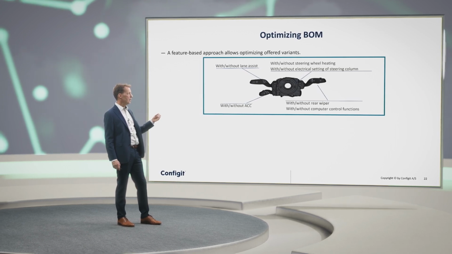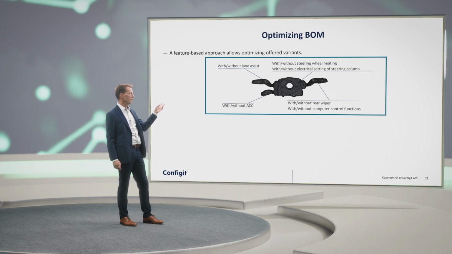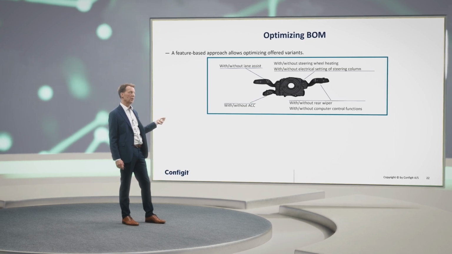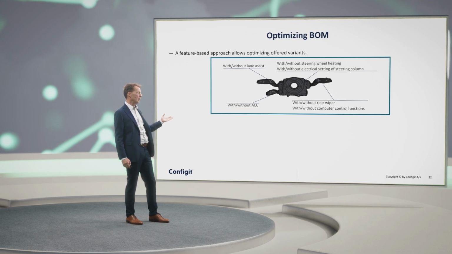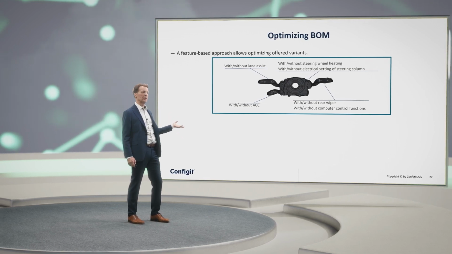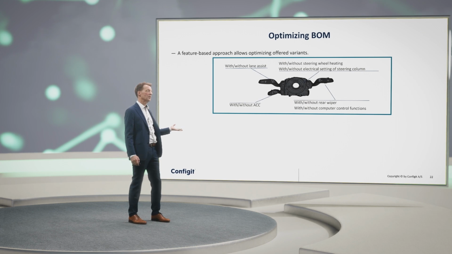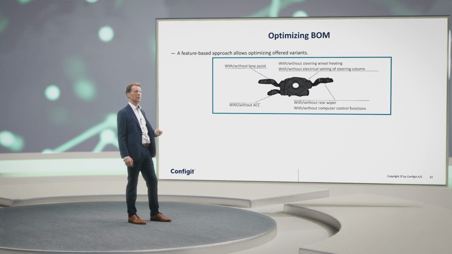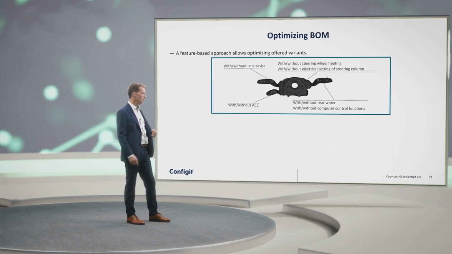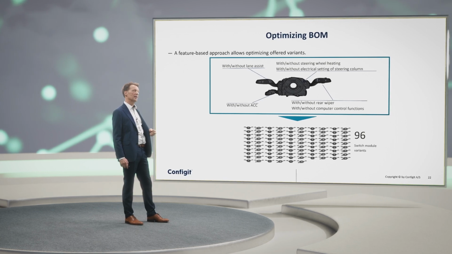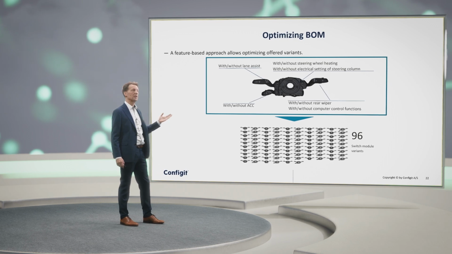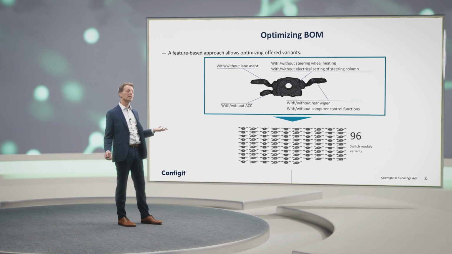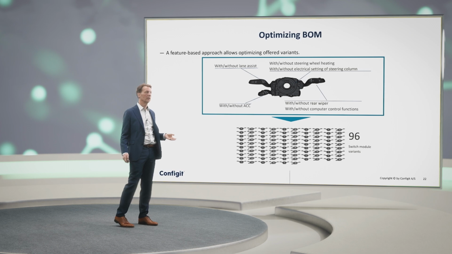And the variability of that component depends on various selections that you choose in the configuration, with or without lane assist, with or without adaptive cruise control. There was something about heated steering wheel. There are a number of parameters that all affect this component. And what was found was that there were at that time 96 different variants of this particular component. So that seems like a high number.